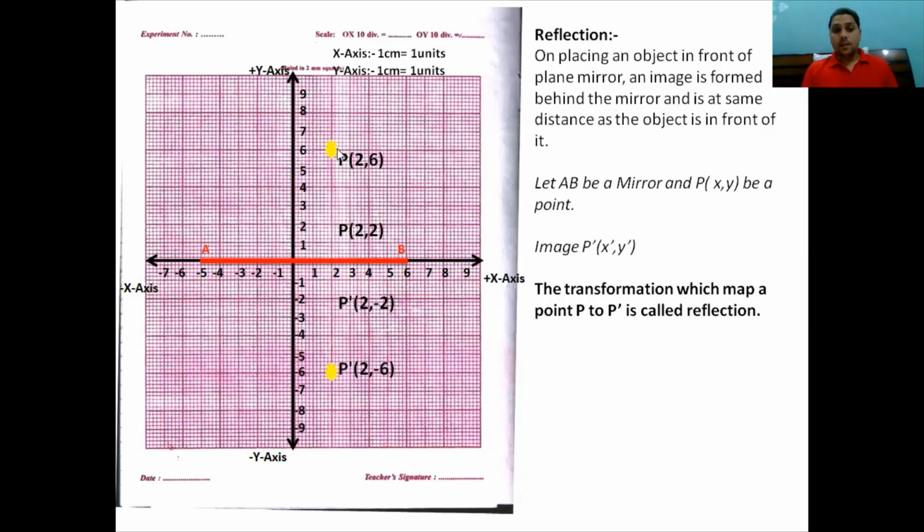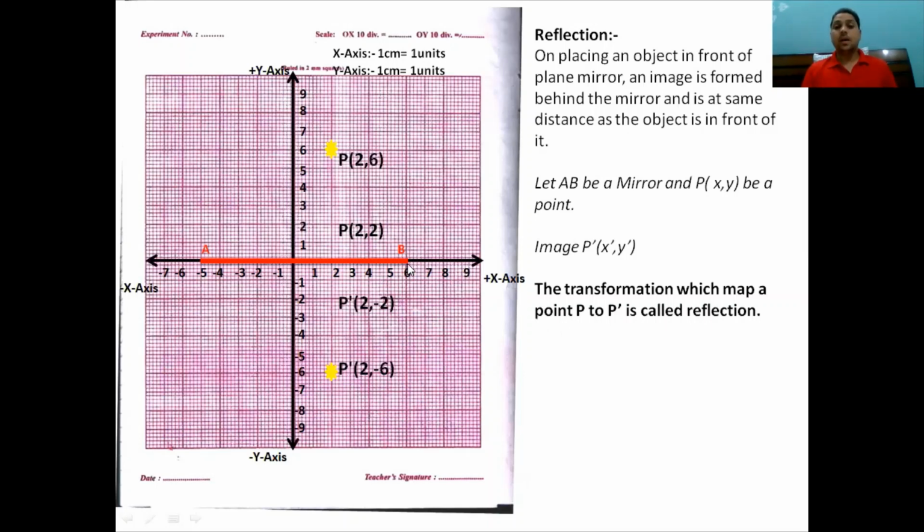So wherever there is a point, there will be an image at the same distance whenever there is a mirror between them. If we have a mirror for this point, then there will be an image at an equal distance from it. Understand? Now understand this.